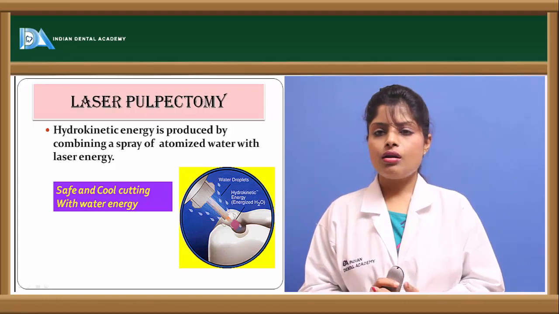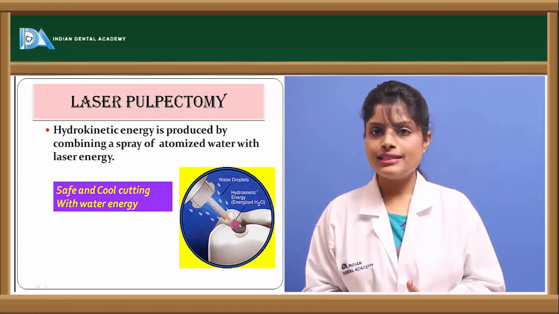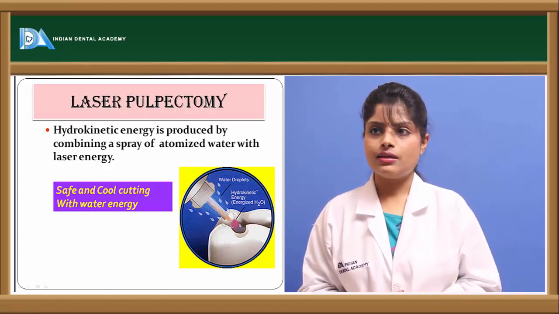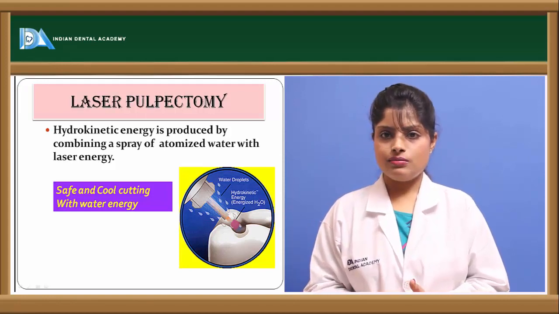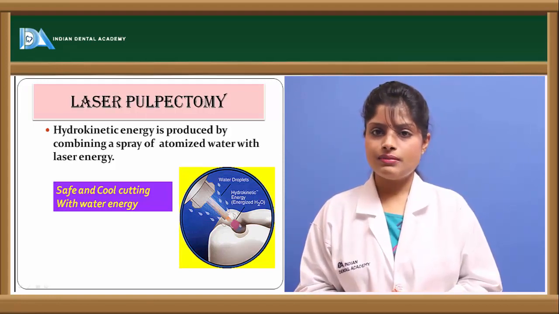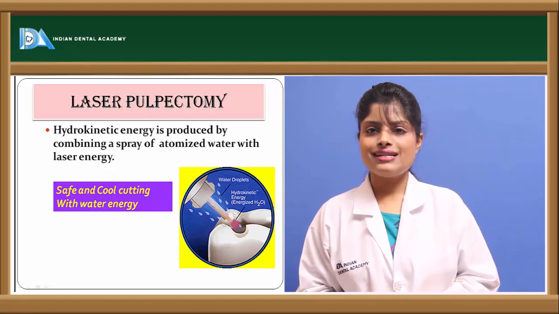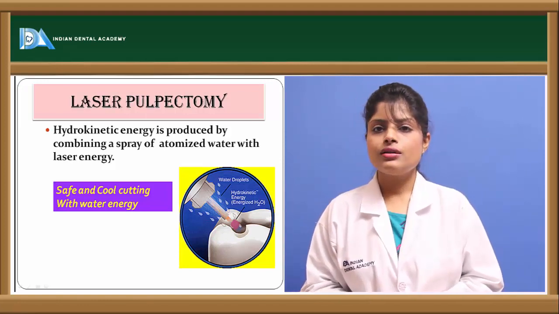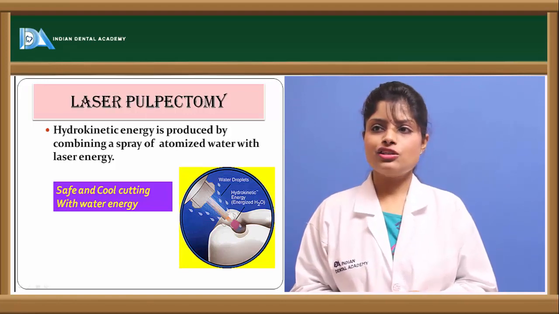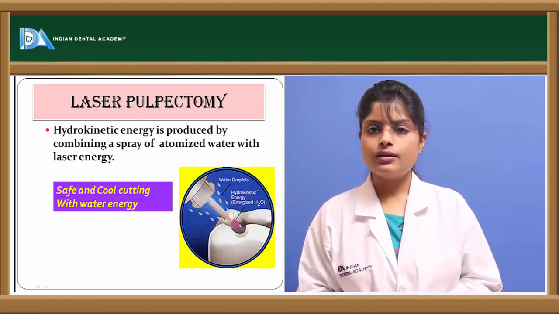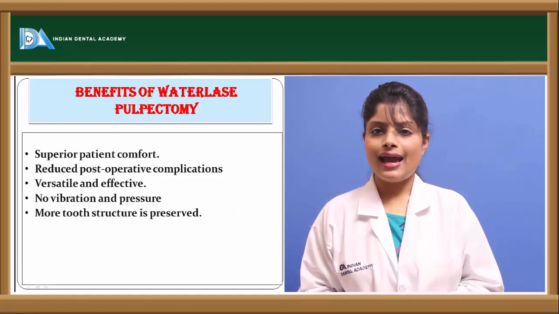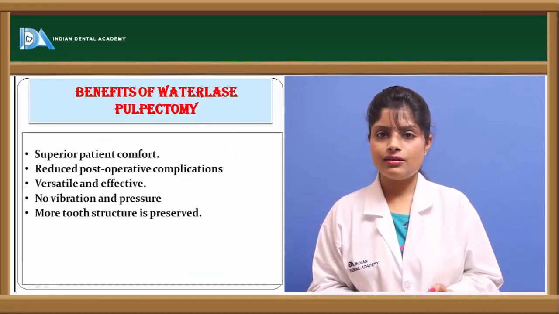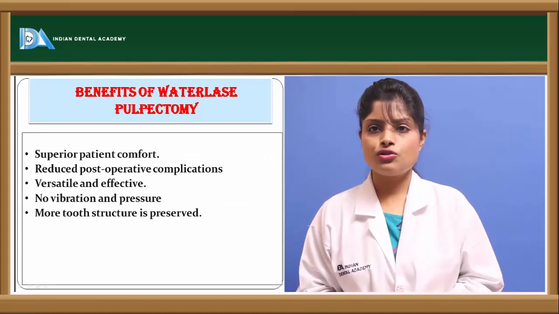So, coming over to the recent methods of pulpectomy, that is laser pulpectomy. In laser pulpectomy, it uses hydrokinetic energy which is produced in combination with highly atomized small water particles and laser energy. So, the canals can be easily cleaned by the process and further obturated.